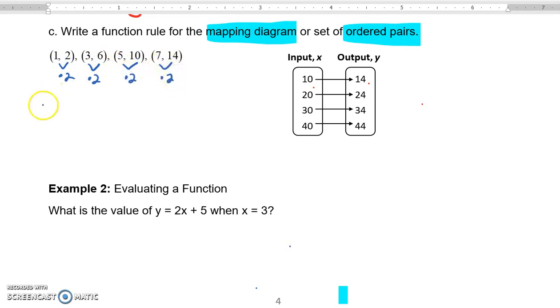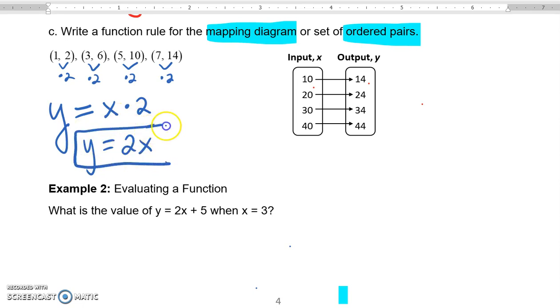So I would say the output is equal to the input times 2. So the output, which is y, is equal to the input, which is x, multiplied by 2. Now, we don't really write it x times 2. The actual correct way to write that would be y equals 2x. But as you're sounding it out, it's totally fine to write it this way and change it to our final version later.